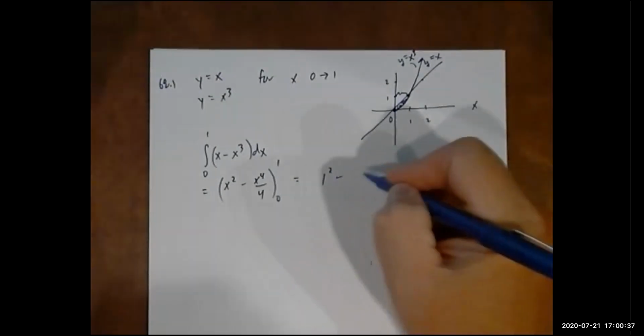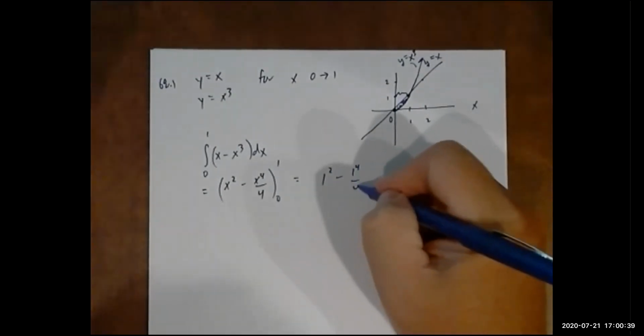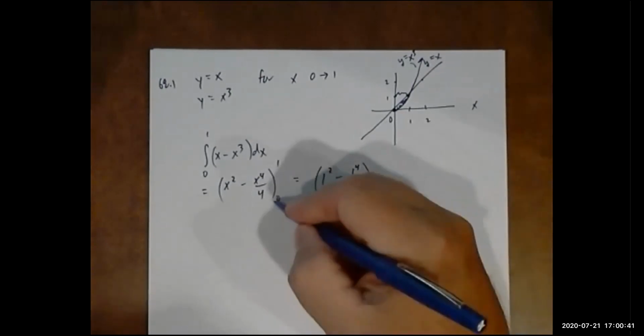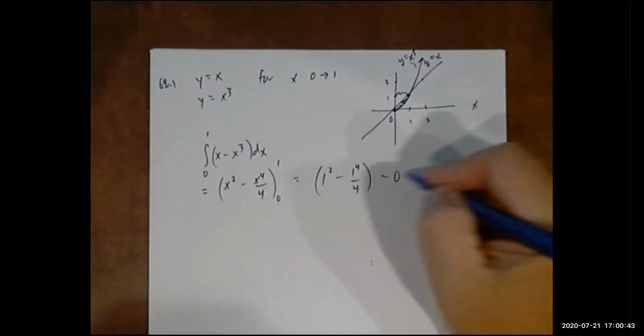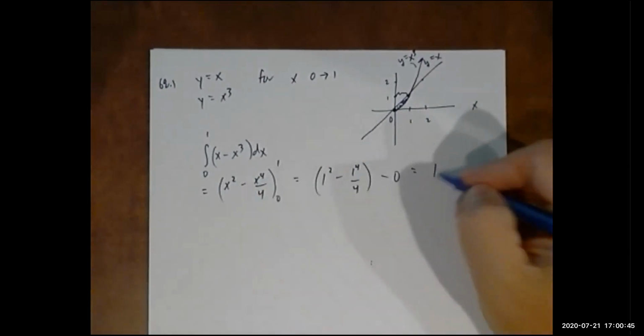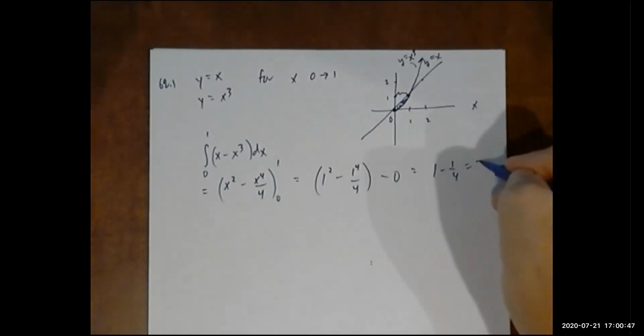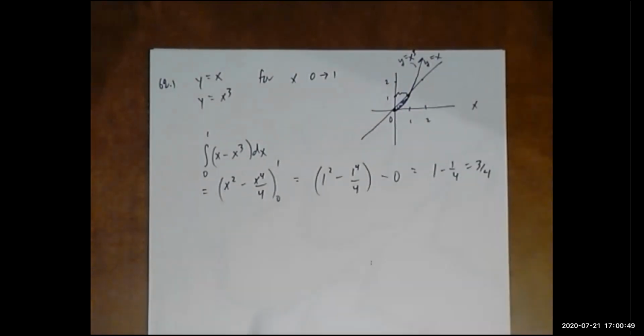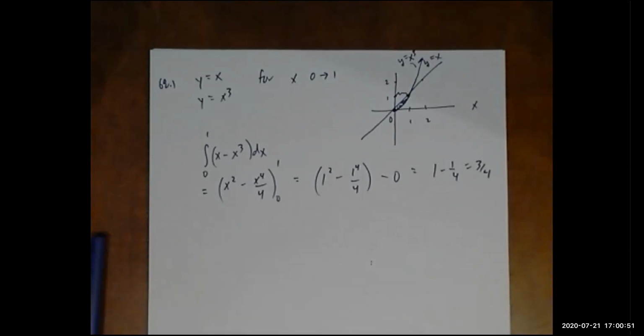So 1 squared minus 1 to the fourth over 4. Once again, you plug in the zeros here, it's just 0. So 1 minus 1/4, it looks like, I'm going to say the area is 3/4.